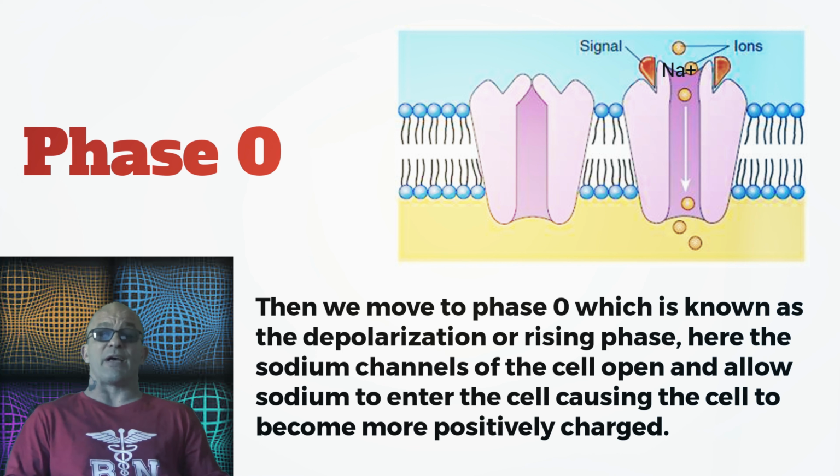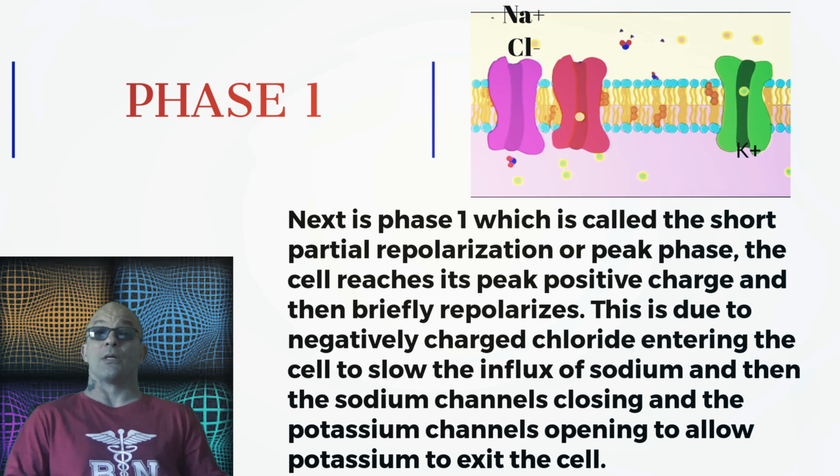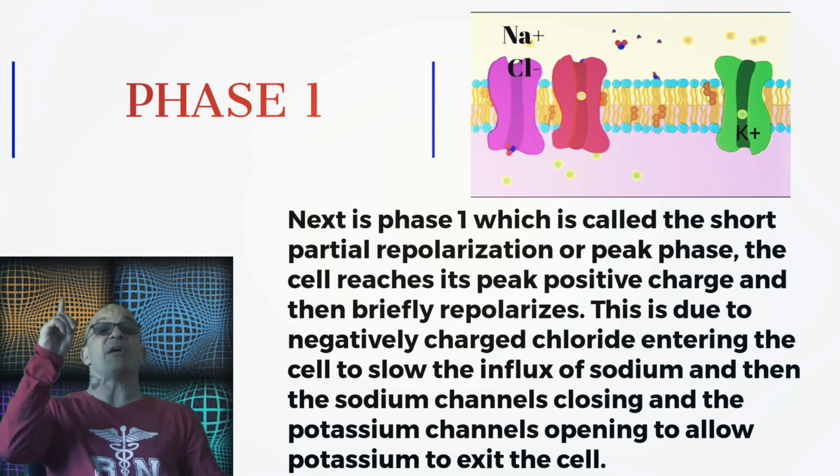Then we move to phase 0, which is known as the depolarization or rising phase. Here, the sodium channels of the cell open and allow sodium to enter the cell, causing the cell to become more positively charged.